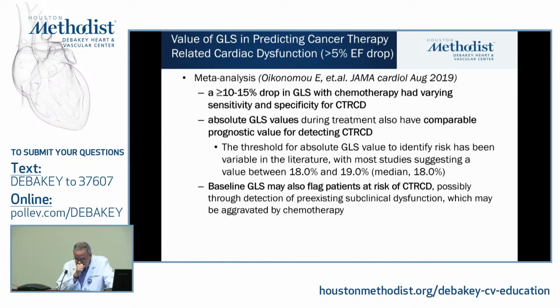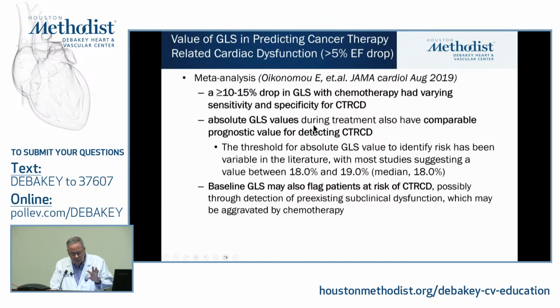So let's talk a little bit about breast cancer, because that was one of the first areas where there was a lot of excitement. And the fact is that after a lot of studies and looking at meta-analysis and whatnot, if you do serial assessment when patients are taking cardiotoxic medications, a drop of 10-15% has a prediction for a fall in EF of 5% or more.